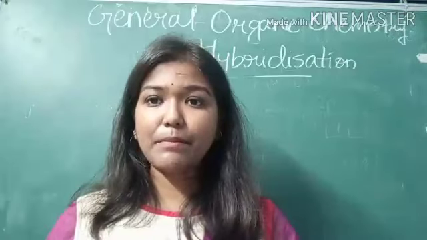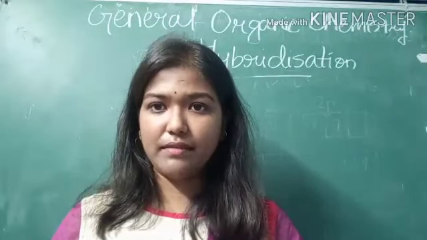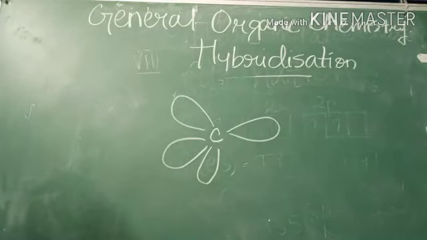Now we will see some bonding which includes sp3 hybridization. I have drawn 4 orbitals of carbon. Now in the same manner I will draw another carbon with 4 orbitals.